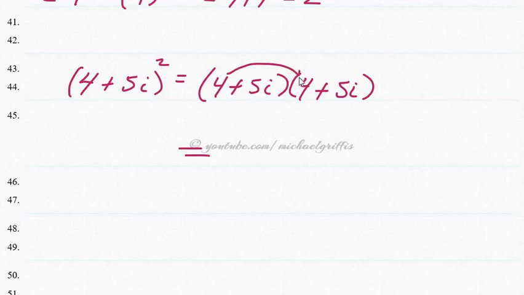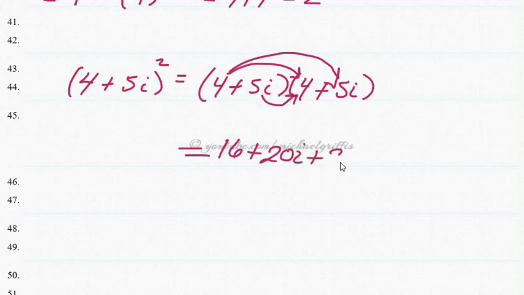So 4 times 4, 16. Okay, 4 times 5i is 20i. 5i times 4, 20i, and 5i times 5i is 25i squared.